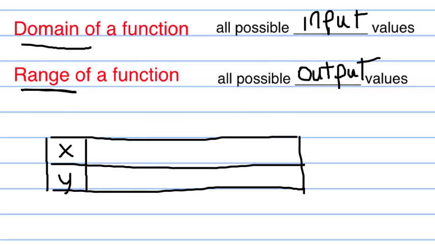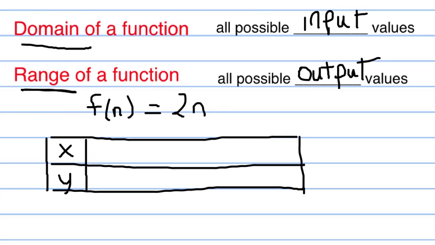Okay, so we're going to set up a little table here. X and Y. Input is X, output is Y, and we're going to use the function f of n, which would be 2n, n standing for any number, times 2.